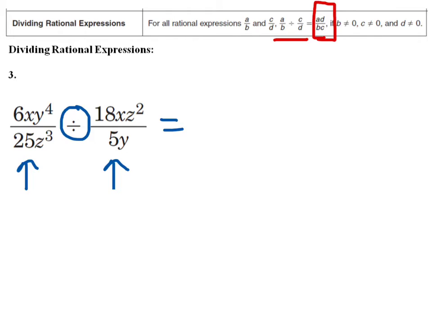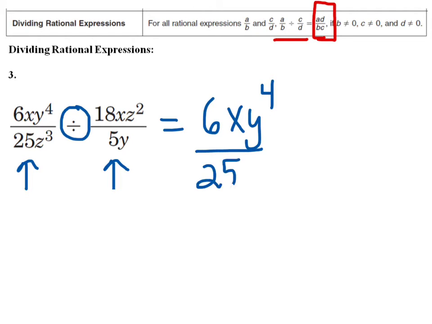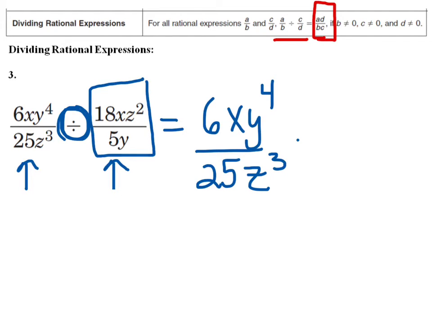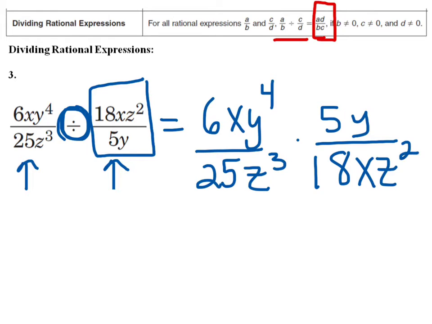What we do is copy the first fraction down, which is 6x y to the 4th over 25z cubed. We then multiply by the reciprocal of the second fraction. So I'll place 5y in the numerator and 18xz squared in the denominator.